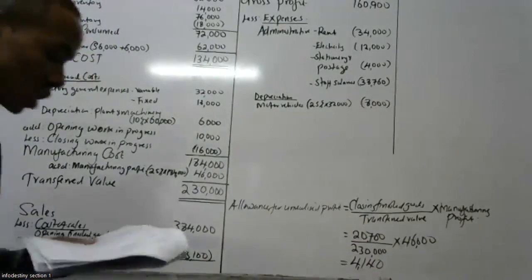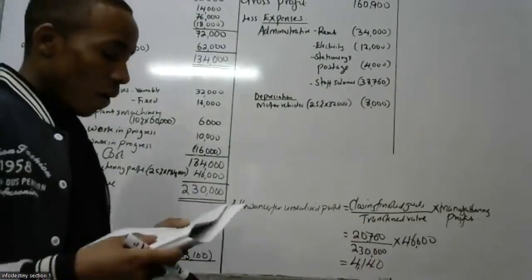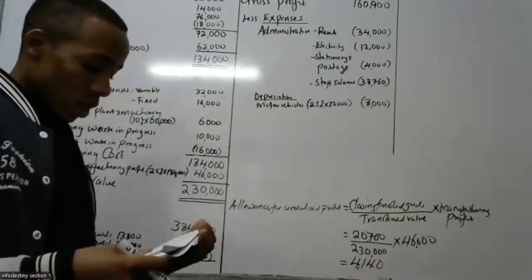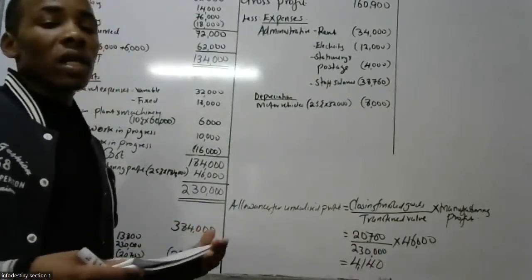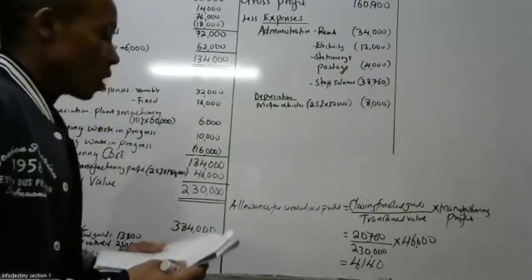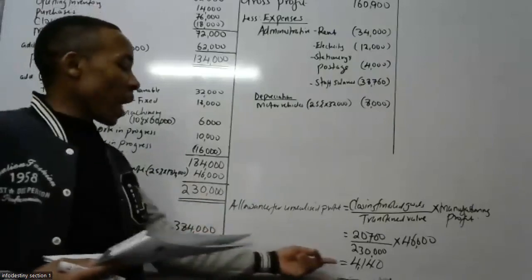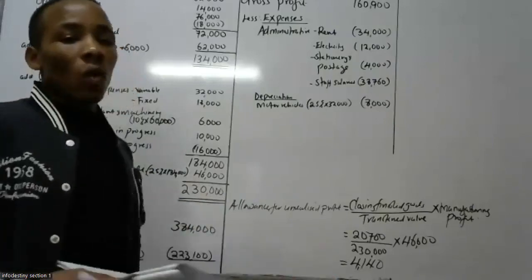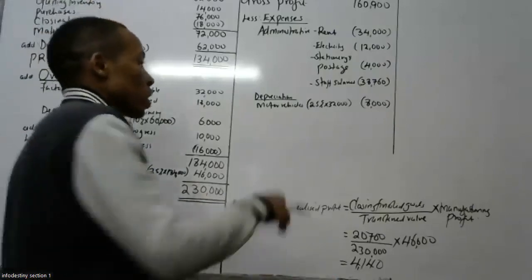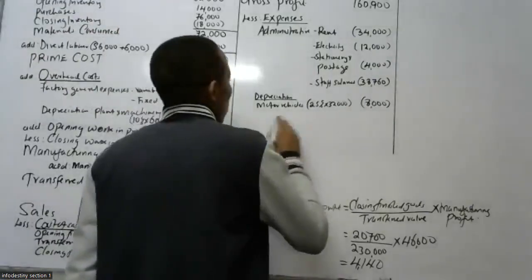So it increased. The given allowance in the trial balance is 2,760, right? So that increase, we put it here as an expense.